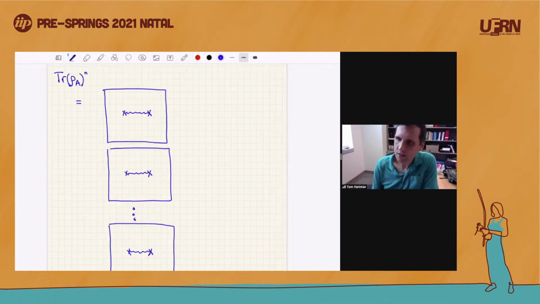Each of these has 2 open cuts. But what we want to do is matrix multiplication. So we have these operators, our big matrices. Think of them as big matrices that we're multiplying together.